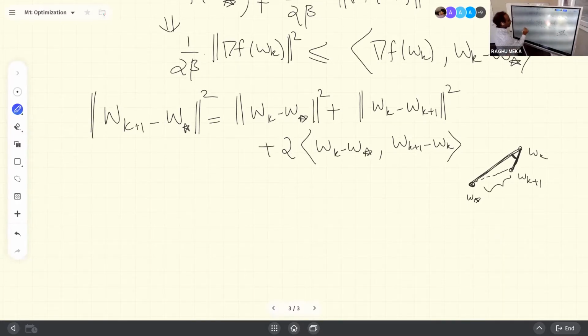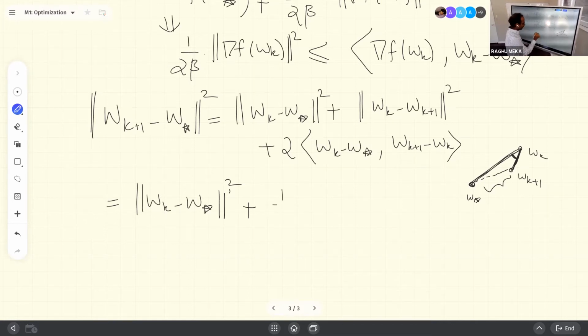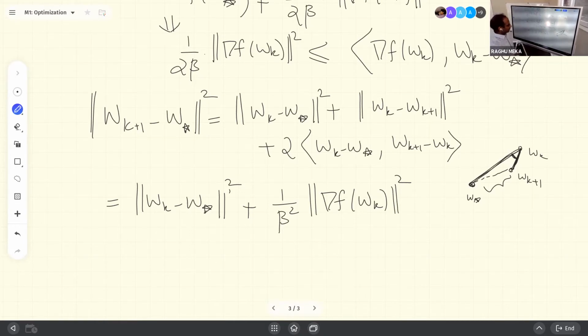And now we are pretty much done, right? Because I can write this as the distance to w star squared. And what's the difference between these two things, wk and wk plus 1? It's just the gradient. And what else?